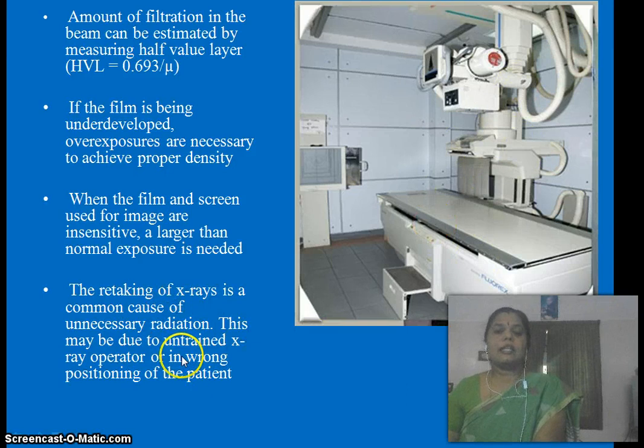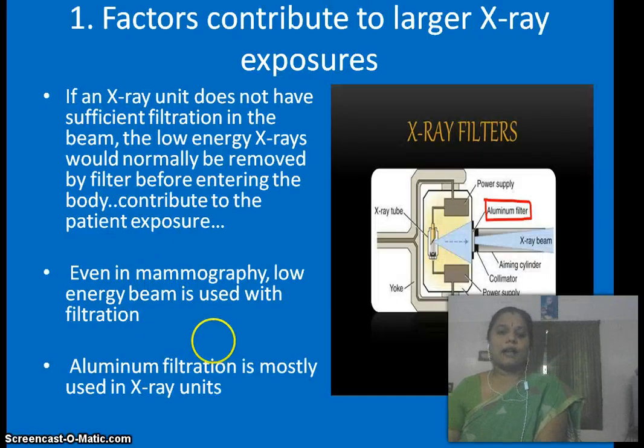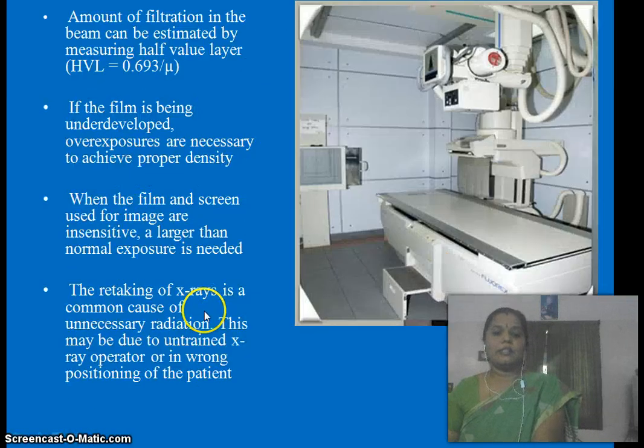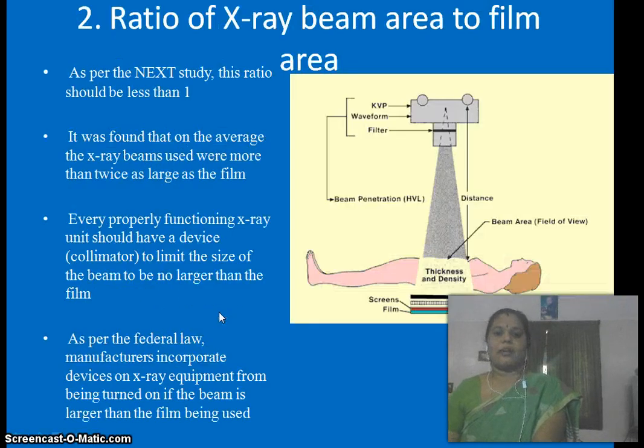So before taking the X-ray, we should be more careful in checking, and periodical evaluation is also needed. So there are only 4 factors that contribute to the larger X-ray exposure: filters to filter the low energy X-rays, the film should not be underdeveloped, the film and the screen should be more sensitive, and the repetition of X-rays can also be avoided.